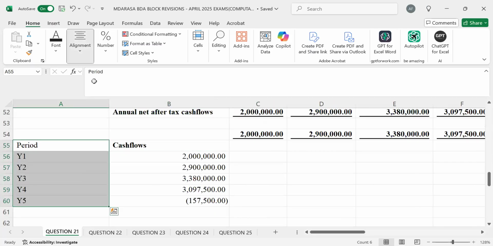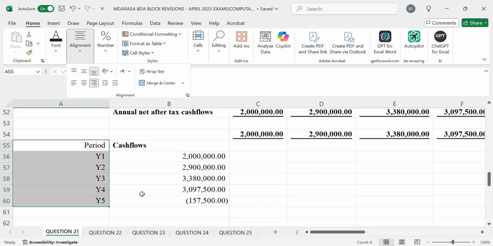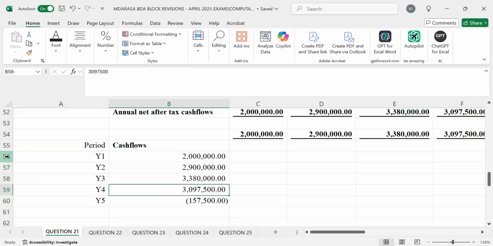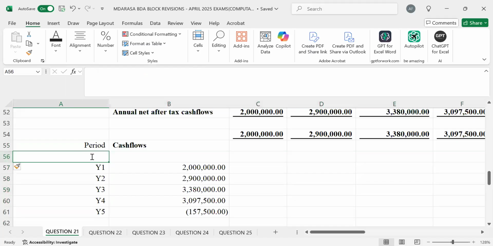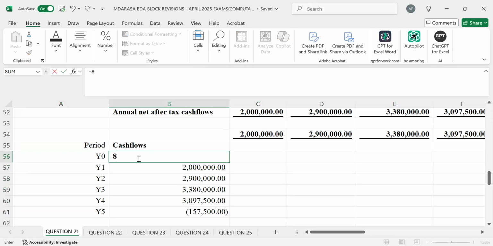So these are what we have, and I will consider it at that point. Now, having this case, you can have year 0 here. Our initial outlay had a value of 8 million.